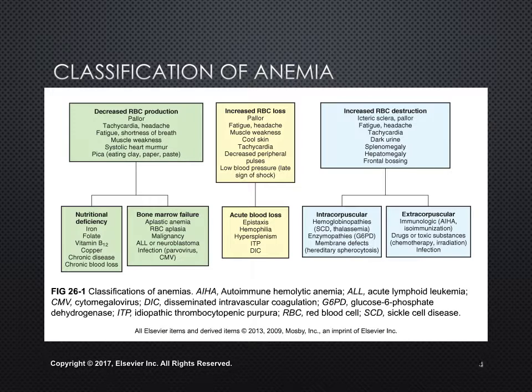And so with that, we may have intracorpuscular causes, in other words, we may have thalassemias, or we may have extracorpuscular causes, which would be immunologic things or drugs or toxic substances that are causing it.